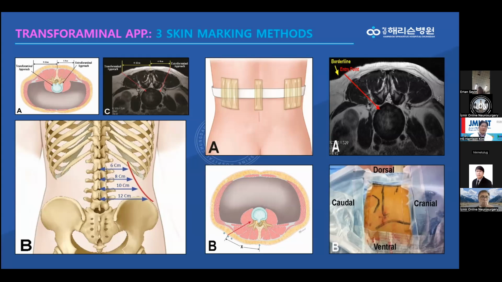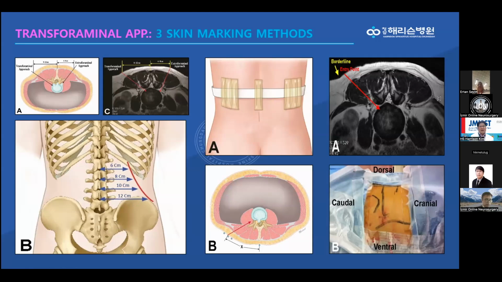There are three skin marking methods introduced in the field. The first is the basic measured method: L4-5 about 12 centimeters, L3-4 about 10 centimeters from the midline, L3-4 about 8 centimeters, and above, L2-3 about 6 centimeters.